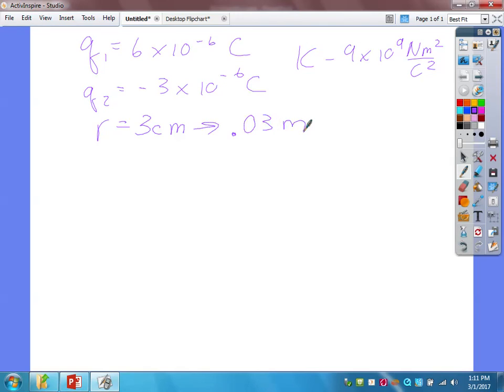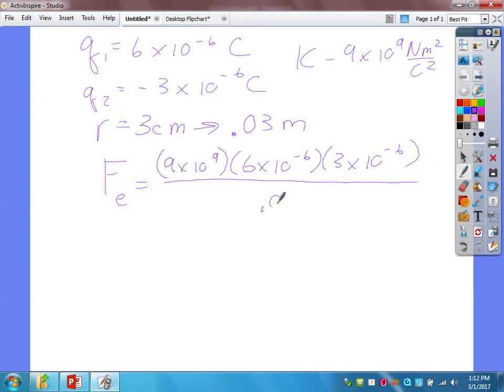All right, and so it says calculate the force. So I just plug it all in. Fe equals 9 times 10 to the 9th times 6 times 10 to the negative 6 times 3 times 10 to the negative 6, divided by 0.03 squared. I'm going to calculate it.